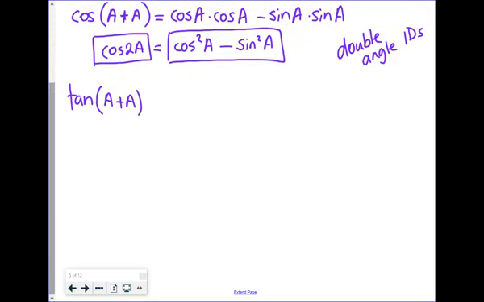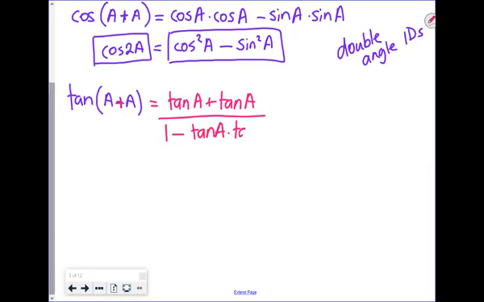And for tangent, tangent of 2A. It's a fraction, so it's going to be a bit of a hot mess first. On the top you do the same as in the tangent addition identity, and on the bottom you do 1 and the opposite: if that was plus, this is minus, then you multiply them together.